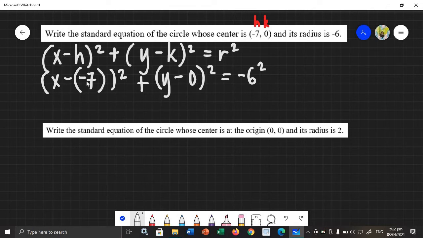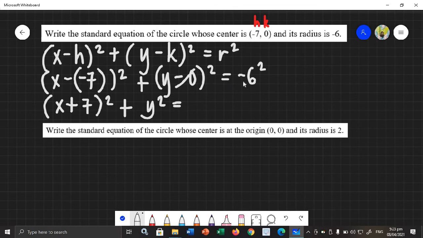So here, we can multiply the signs to cancel out the parentheses beside negative 7. So we have quantity x, negative times negative, that will become positive, and then 7 squared, plus, so here, when the value of h or k is 0, you can just cancel it out and just write y squared, okay, or x squared.